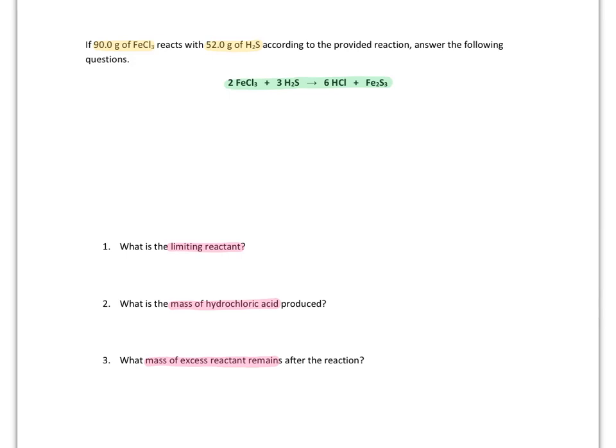Once again, we're going to be using the BCA table method to help us solve this problem. So I'm going to start by setting that up. I'm going to rewrite my equation so I've got a little more workspace: 2 FeCl3 plus 3 H2S gives us 6 HCl plus Fe2S3.